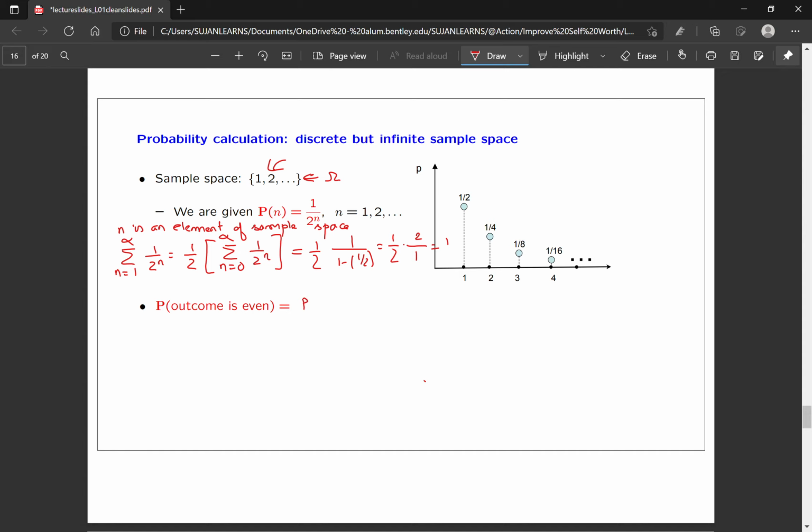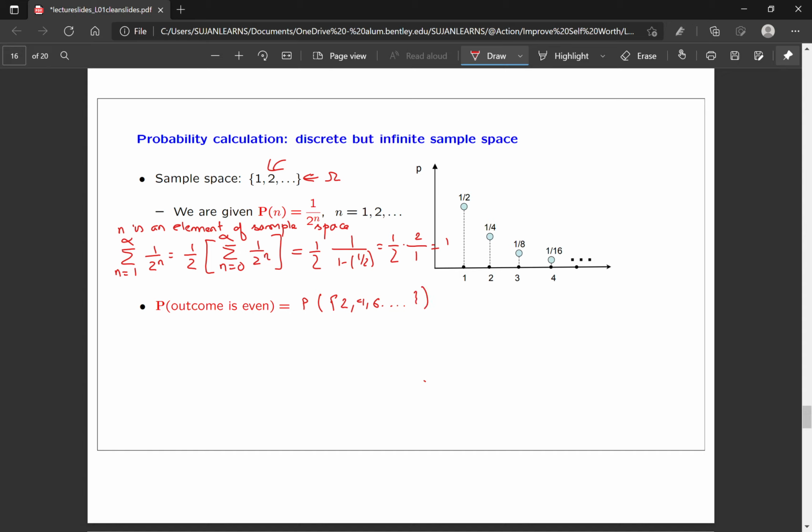Just to say it mathematically, the outcome is even, meaning the set where we get a head after 2 tosses, 4 tosses, 6 tosses, etc. to infinity. That is the event we are talking about.